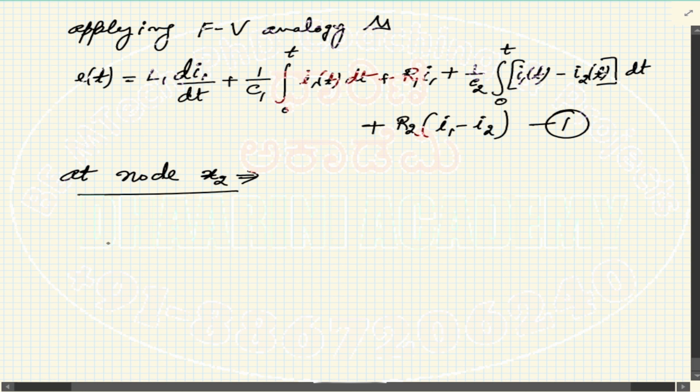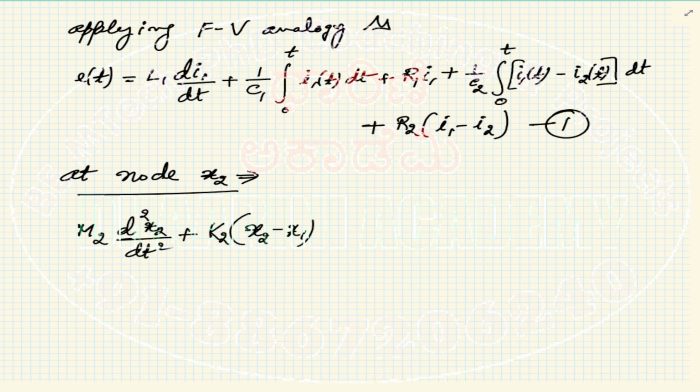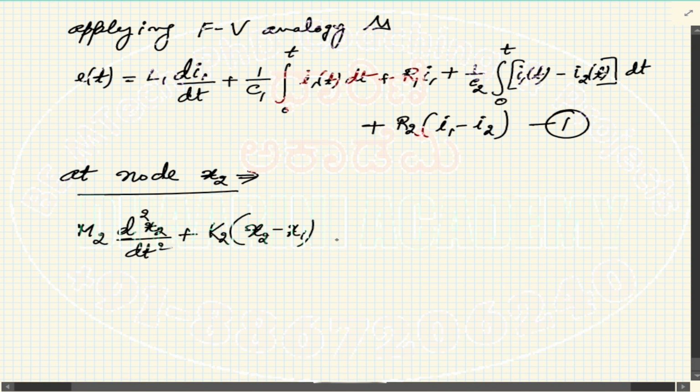The differential equation becomes: there is a mass connected, so it's m2 d square x2 by dt square, plus there is a k2 times the difference between the node values, so this is x2 minus x1, then plus b2 into d by dt of x2 minus x1, equals 0. There is no supply.